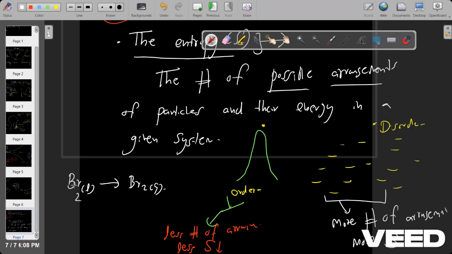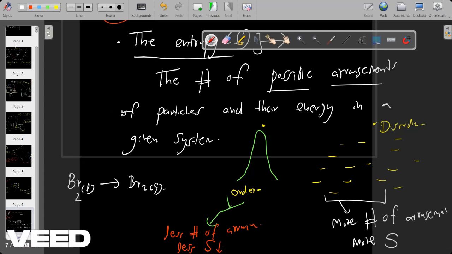Which state is having higher entropy? Br gas. Why? Many different arrangements can be there. There's more space, right?